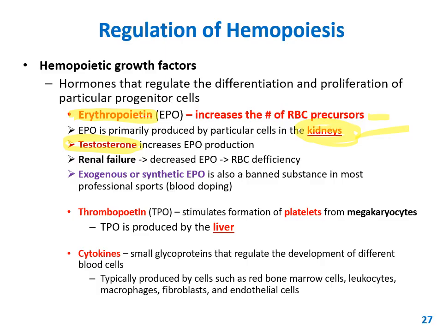If you have more EPO, you're going to have more red blood cells getting produced. That means you're going to have a higher capacity to transport oxygen to the tissues and waste products out of the tissues. That means if you have more red blood cells, you're going to have a higher level of endurance, for example, when you practice some kinds of sports.